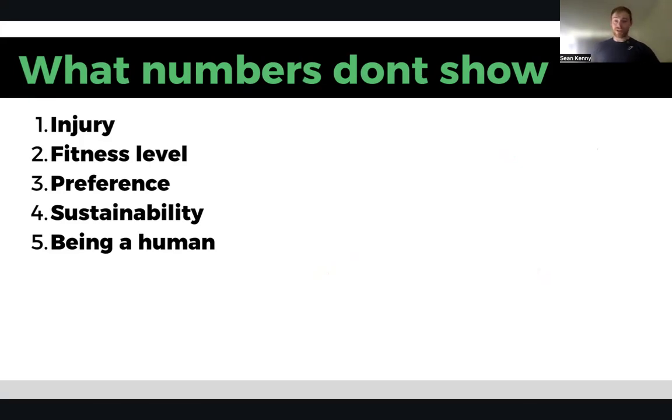Now, I know at the start of this, the whole point of this talk was about the most efficient way to burn calories. Before we finish on that, you just have to remember that these are all numbers and figures, and at the end of the day, we're human beings. And actually, just by doing the things that we enjoy is good enough.